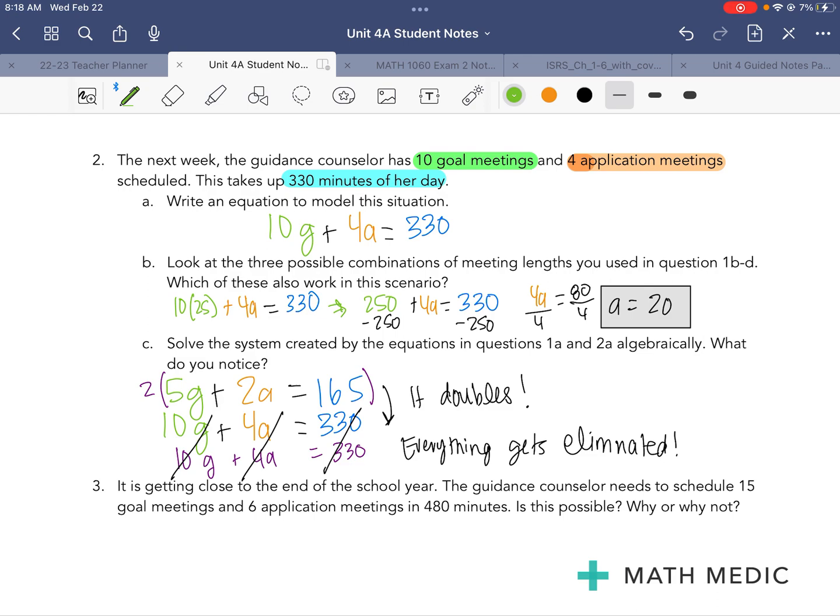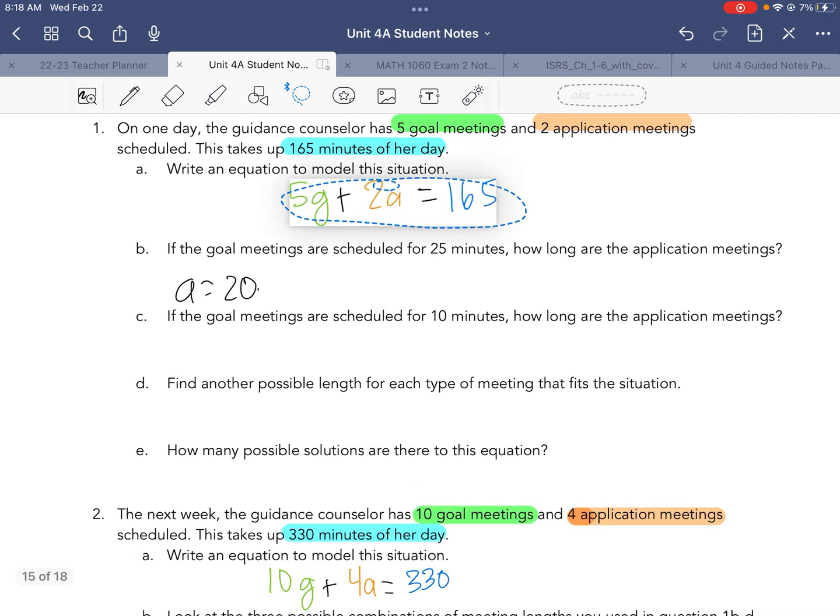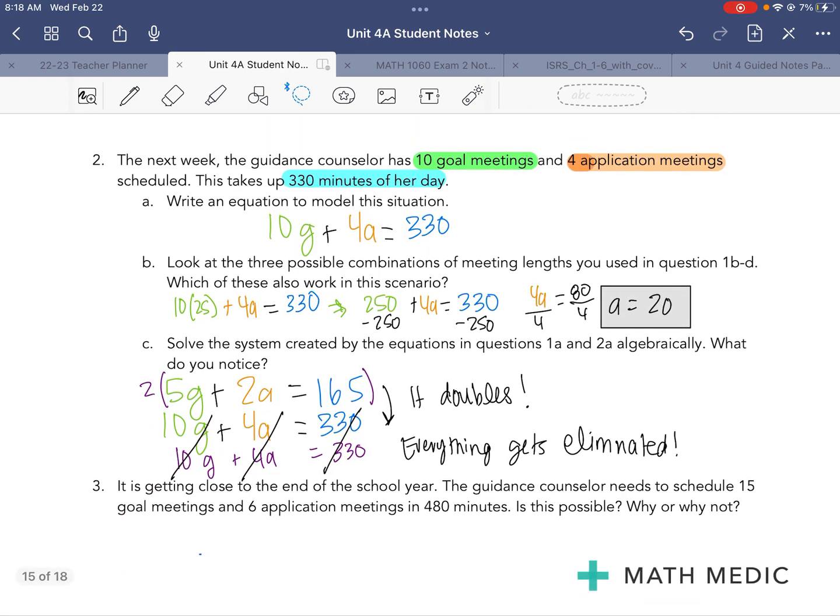Let's go ahead and use this top one. So if we want to have 15 goal meetings now and 6 application meetings, then this would be in the minutes.